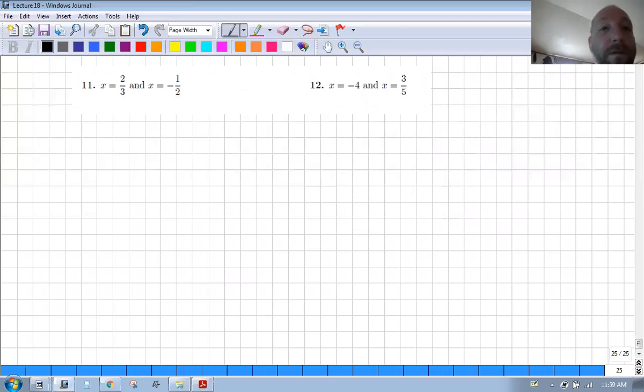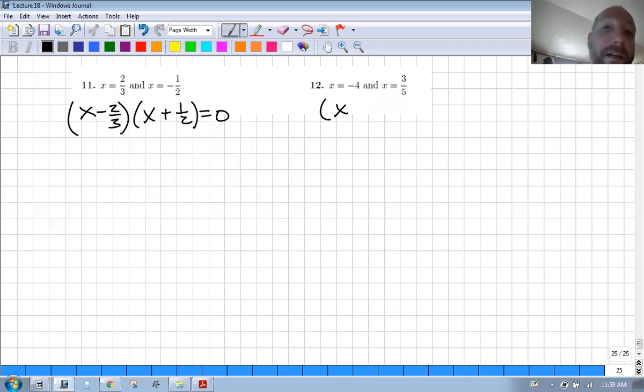Either x minus 2/3 is 0 or x minus -1/2 is 0. Then x minus -4 or x minus 3/5.